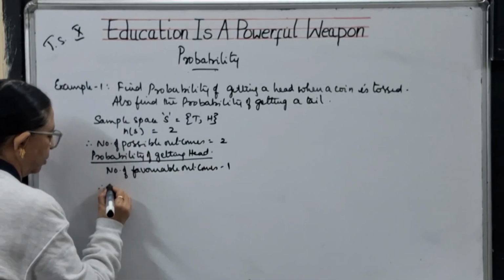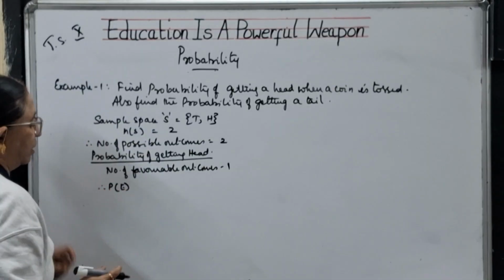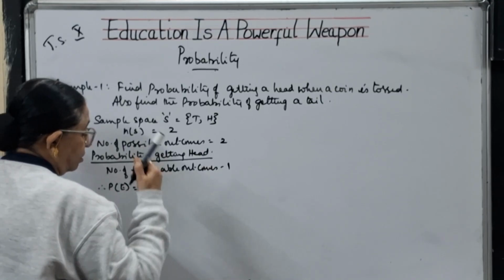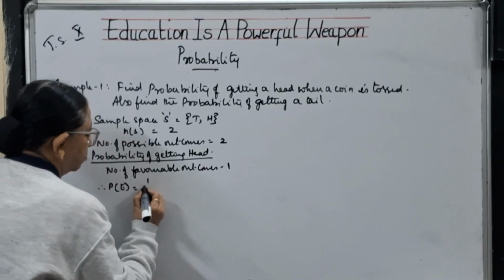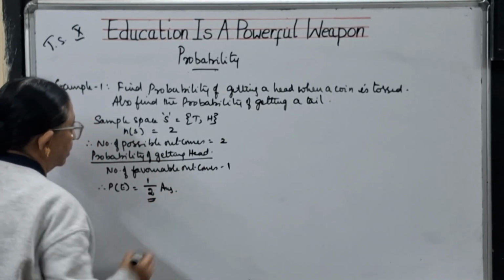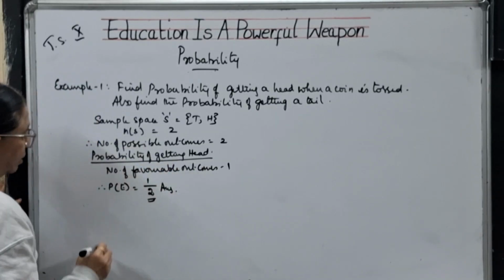Therefore, P of E, P of E means probability of the event, which is nothing but the number of favorable outcomes by the number of possible outcomes, we have already learned this formula, children. So this is the answer for the first bit, the probability of getting head.